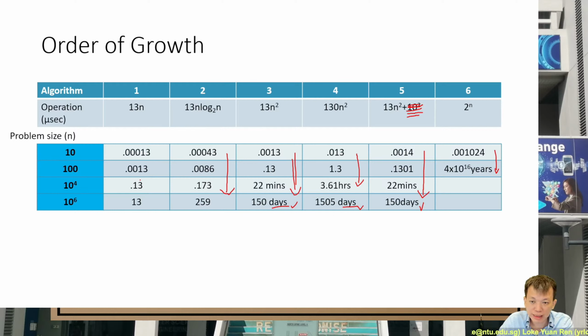So that is why, when we analyze the time complexity, we only focus on the dominant term. n squared is n squared, or exponential, or linear, or logarithmic. You will find that whether it's 13n squared or 130n squared is not that critical.